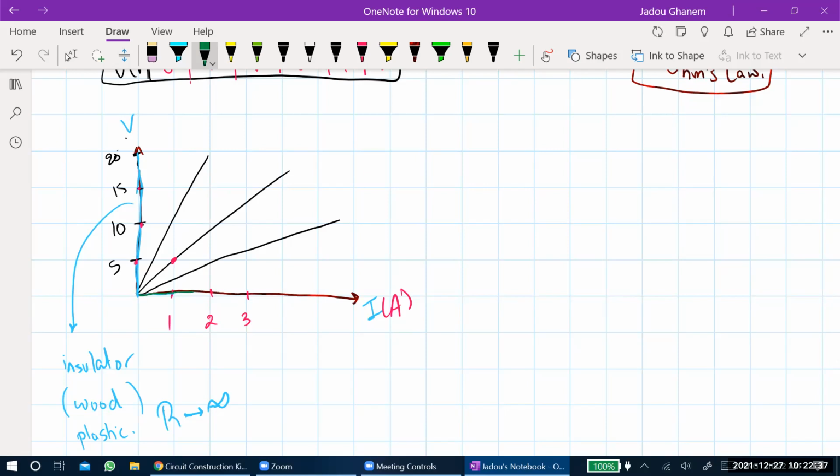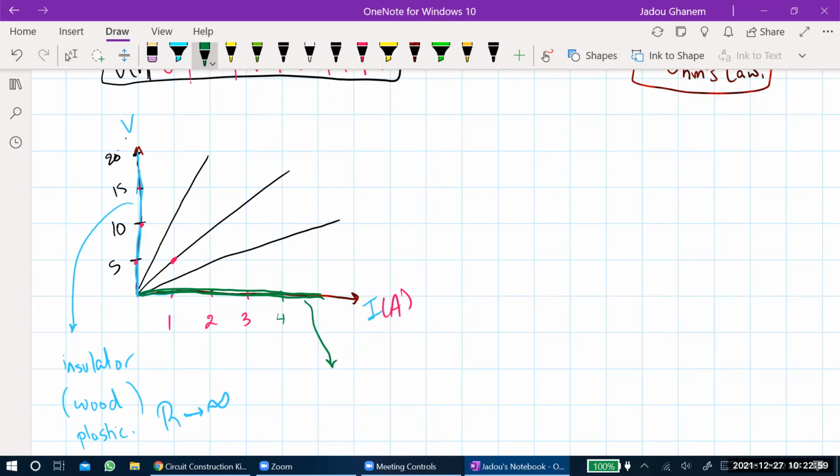Let me just choose the green color on the current axis. If I ask you what is the value of the voltage here? It's 0 volts, but the current is different than 0, it keeps increasing. Yes, great.